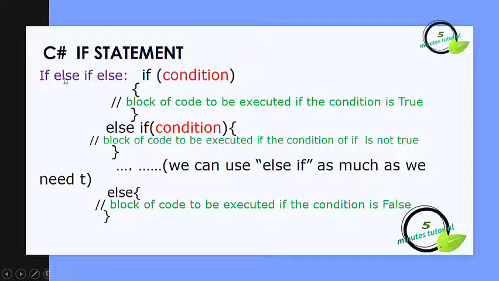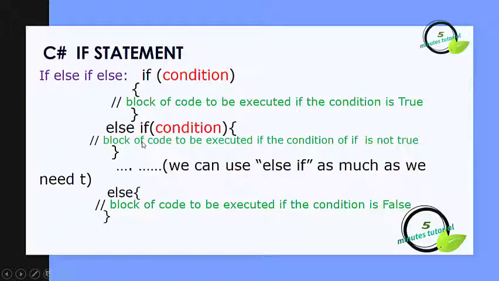So what if there is more than one condition? We have to check the first condition under if. If the condition is true, then it will execute the code under if. Then we check the second condition under else if, and if this condition is true, then it will execute the code under else if.